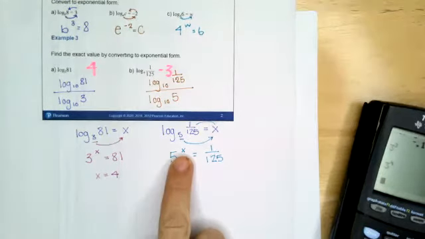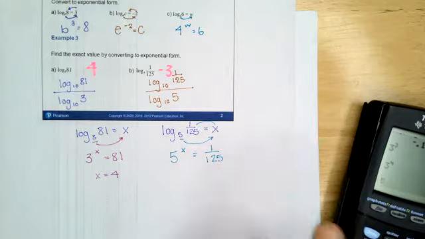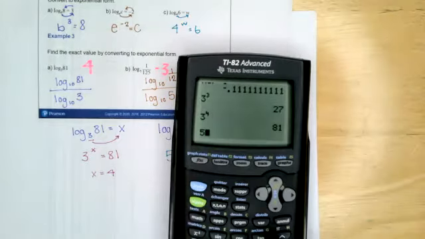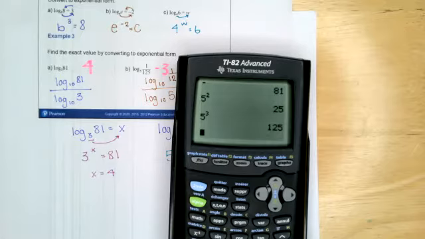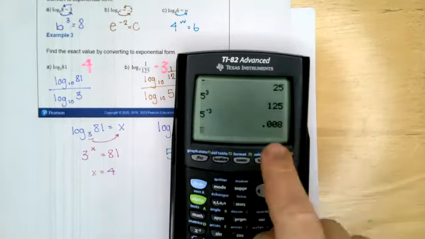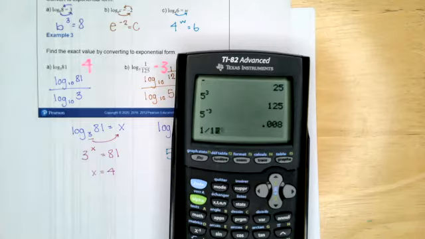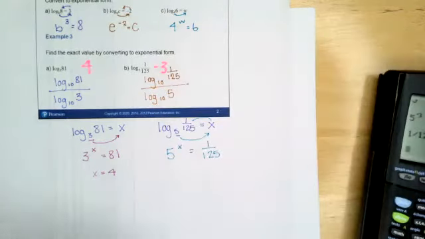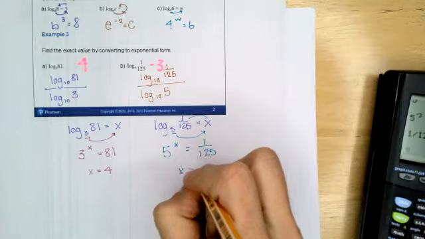What is 5 to the what is 1 over 125? Well, 5 squared is 25, right? 5 to the 3rd is 125. So 5 to the power of -3 should be 1 over 125, right? Based on the rule of exponents. So that x is -3.